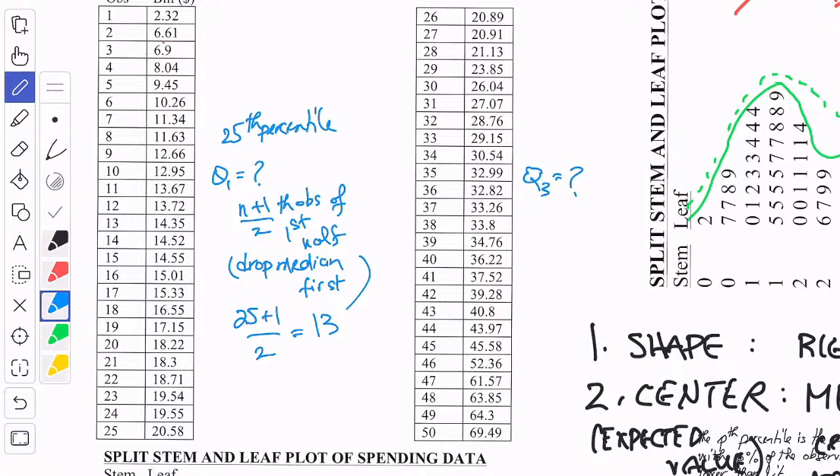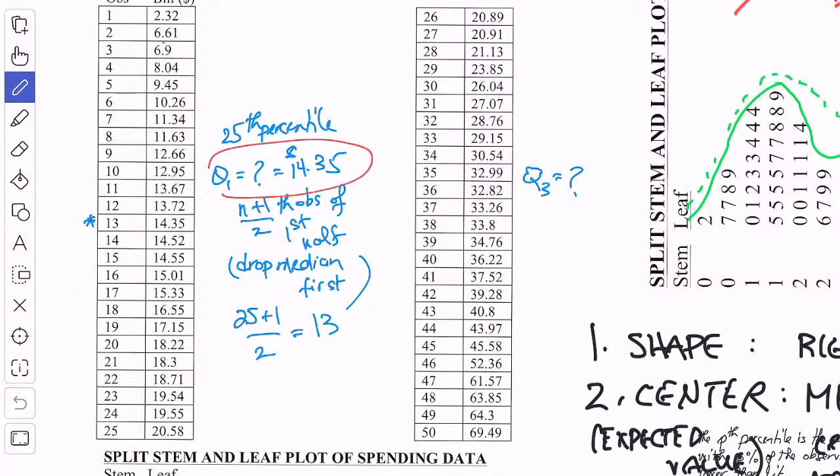It marks the position for Q1. So it's $14.35. And we're going to find the 13th observation in the second half as well to calculate Q3.